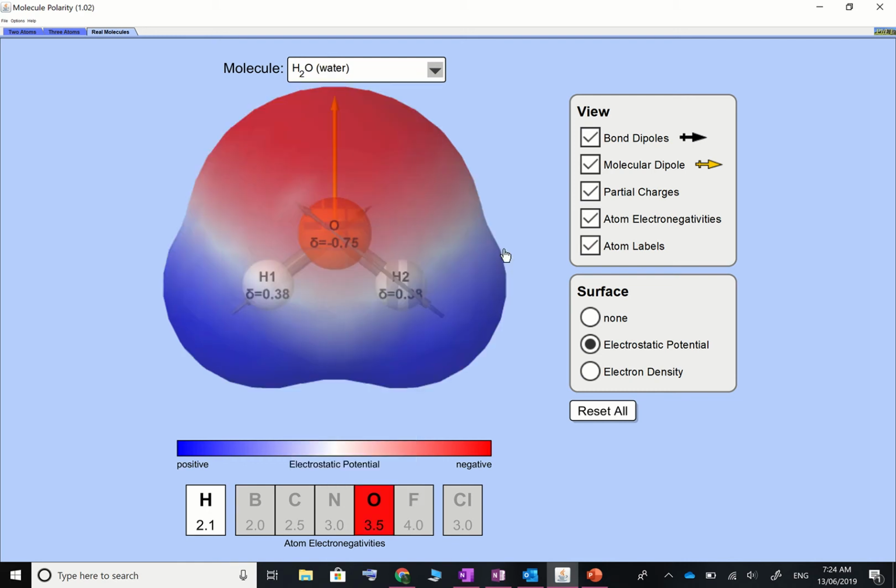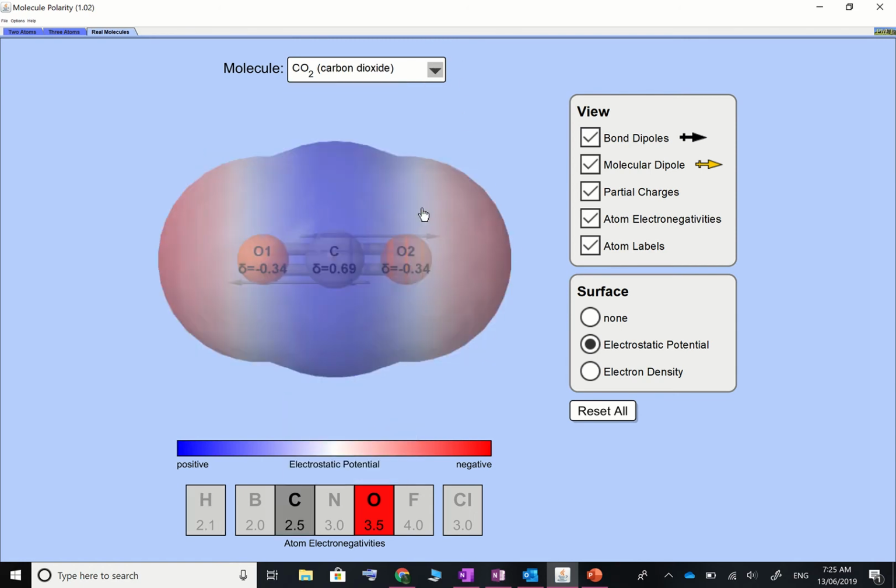Okay, let's think water, three atoms. I discussed that briefly with you before. Oxygen is a lot more electronegative, 3.5 compared to hydrogen of 2.1, so there's a difference of 1.4 there. So we've got a dipole happening with this. Hydrogen is the positive end, oxygen is the negative end. Let's have a look at CO2.